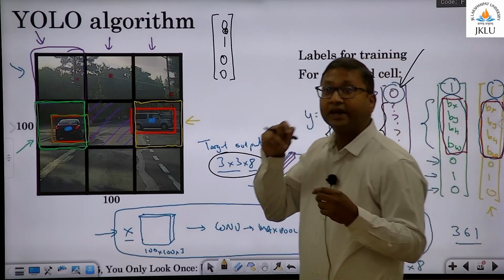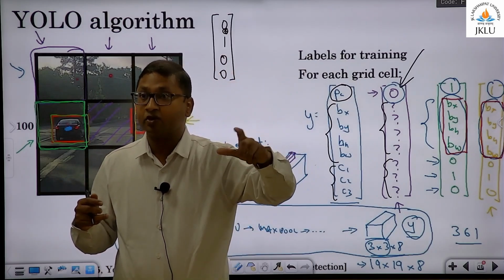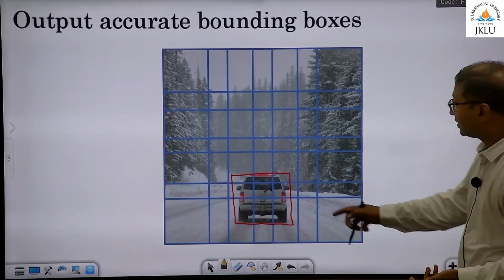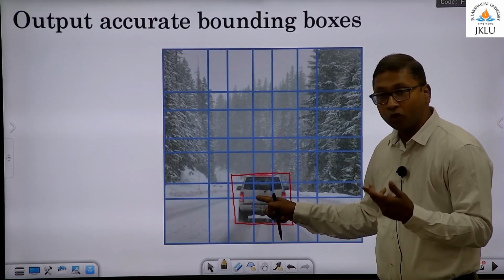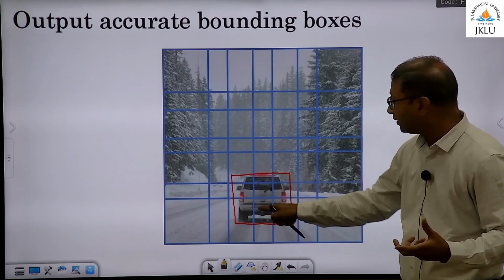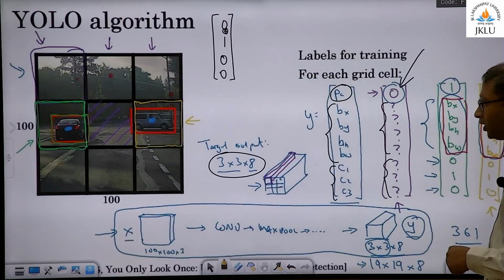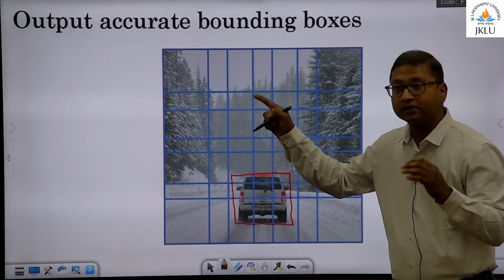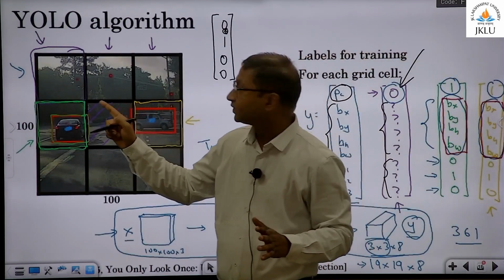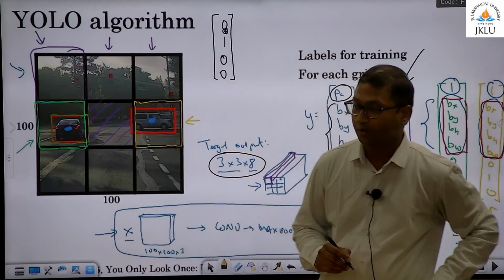One of the problems with the sliding window was that you have to choose the right strides, because otherwise you can miss objects, like it was happening in this case. There is no window that is capturing this particular object properly, even though there is an object. So you would have to really take a small number of strides. Now in this case you are not taking strides at all. Every grid cell is responsible for detecting the objects in it, okay.